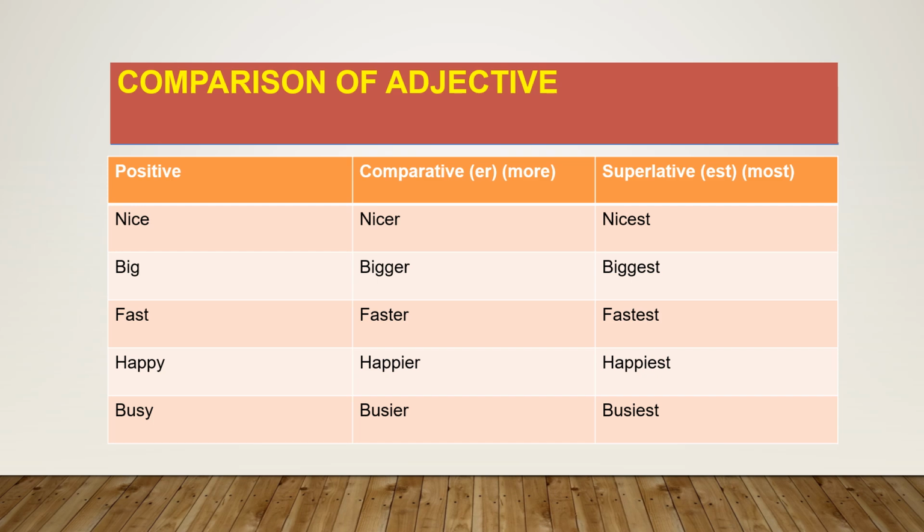Then you have fast, no changes, faster and fastest. Then you have happy ending in Y or busy ending in Y. The Y changes to I and you add ER or EST. So happier, happiest, busier, busiest.